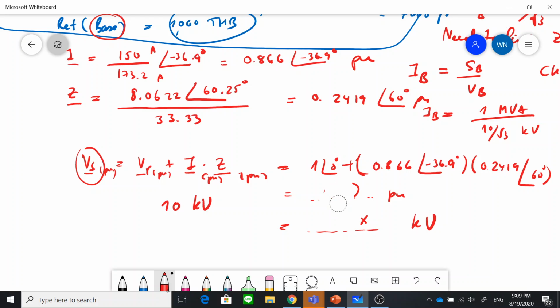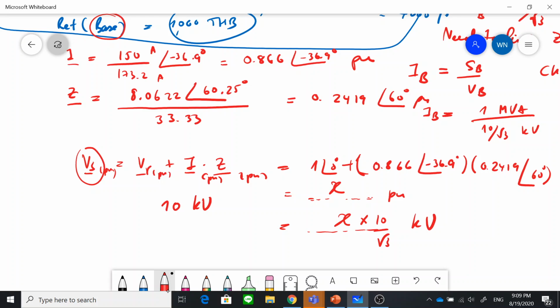So by converting this to the original value in kV, you should get this x pu, then you multiply this by 10 divided by root 3, which is the voltage base.